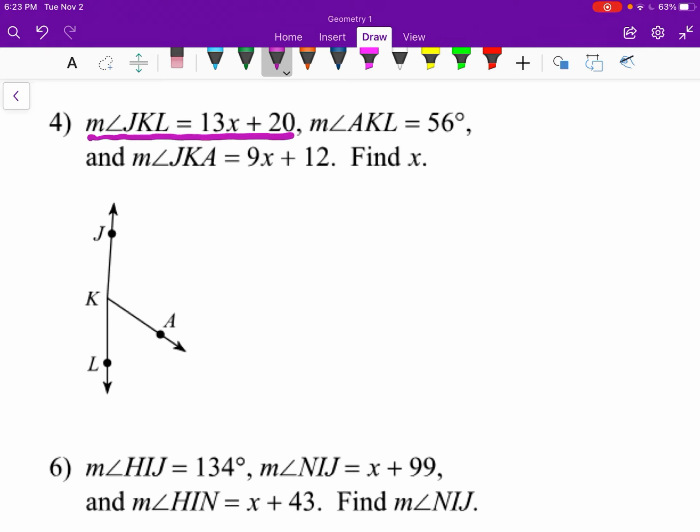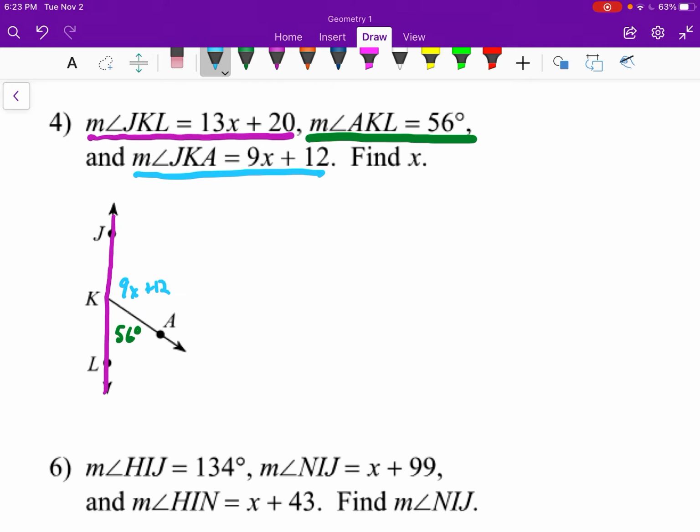Measure of angle JKL is 13x plus 20, so JKL, it almost looks like it's a 180 degree angle, but not quite. Measure of angle AKL is 56. AKL, so this is 56 degrees. And measure of angle JKA is 9x plus 12.